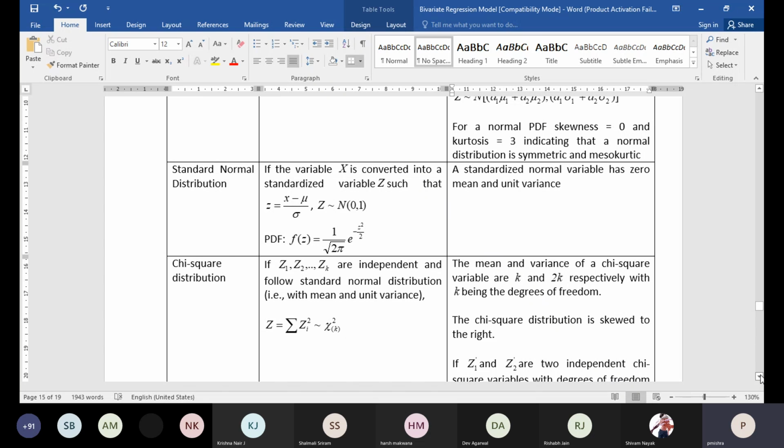But unlike normal distribution or standard normal distribution that are symmetric, this chi-square distribution is not symmetric, rather it is skewed to the right.